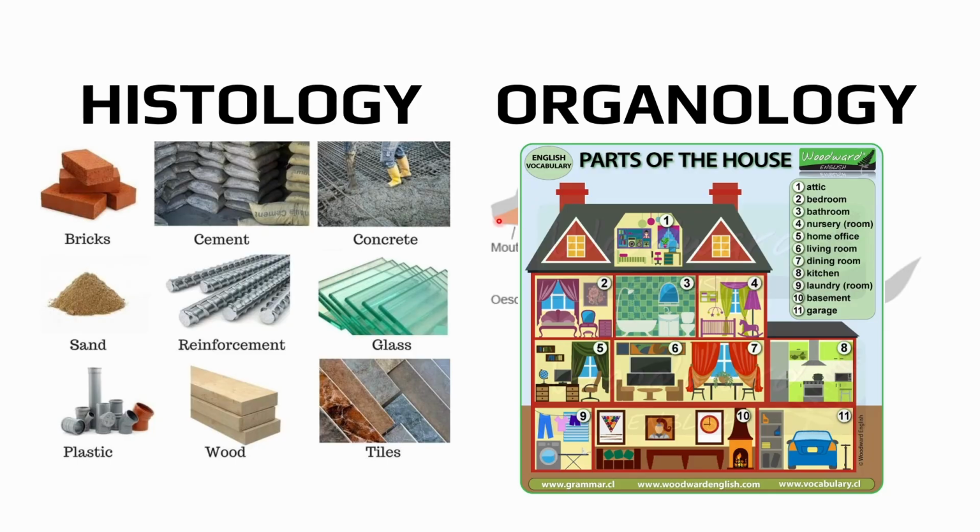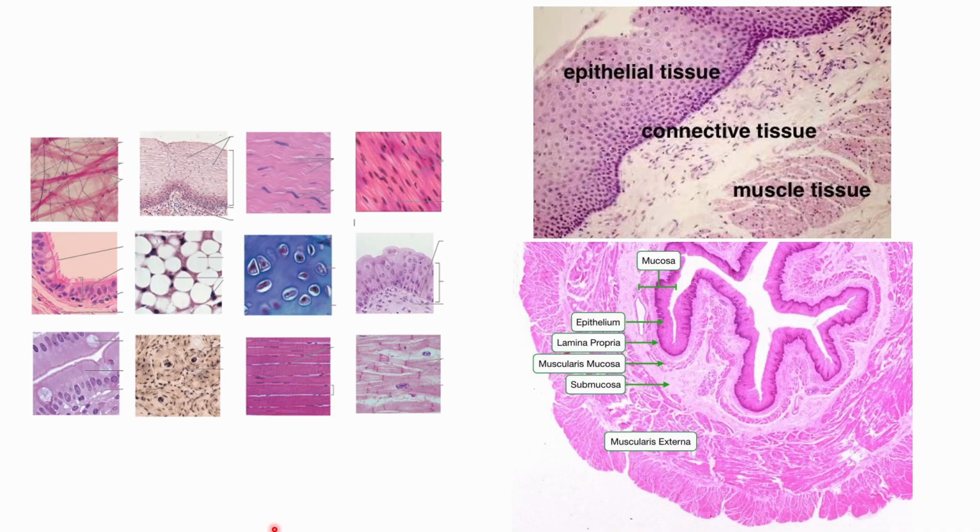Hopefully during 105, we will become experts with the different types of tissues, or the building blocks, so that when we go to organology, we will have an easier time to identify different parts and describe which specific tissues make up the specific layers. In these images, you can see that it is zoomed in on each specific type of tissue, while on this other side, you will see the actual organ.